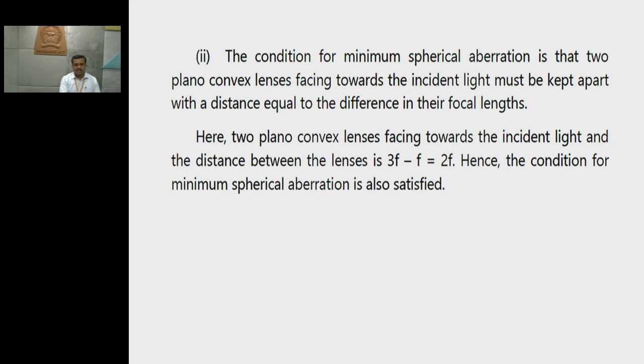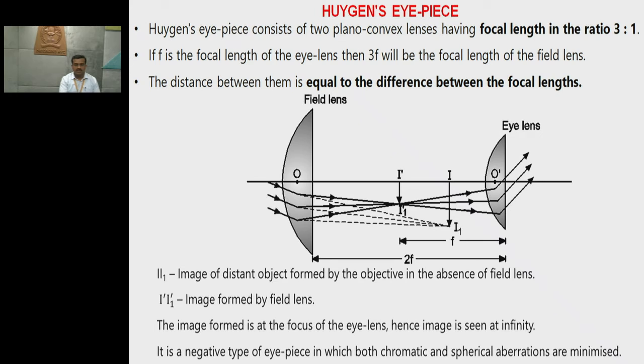Now the second condition is the condition for minimum spherical aberration. The condition is that the two plano-convex lenses must be facing towards the incident light, and the distance between them should be equal to the difference in their focal lengths. Here the plano-convex lenses are facing towards the incident light, as we can observe in the figure, that is, both the lenses are facing towards the object.